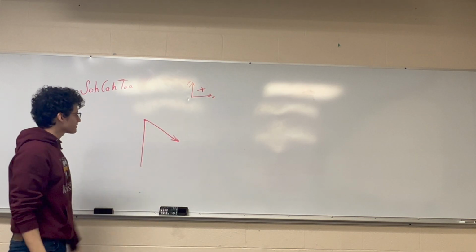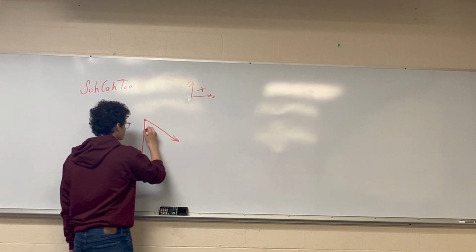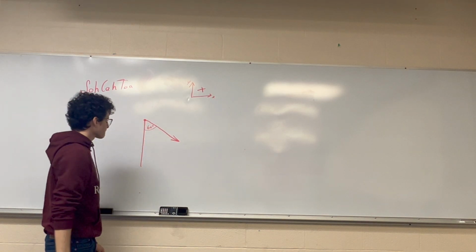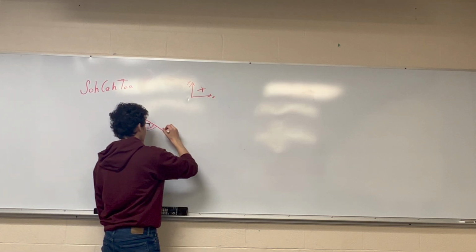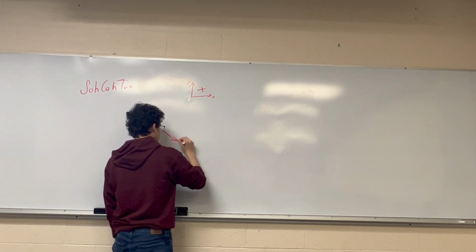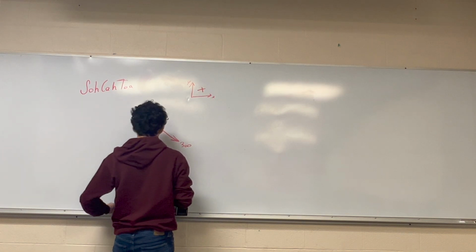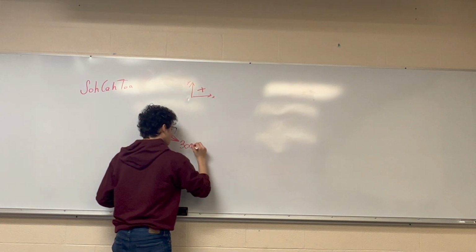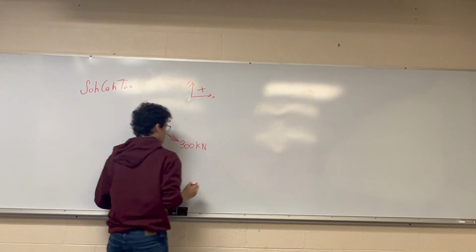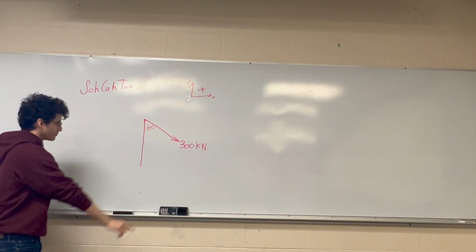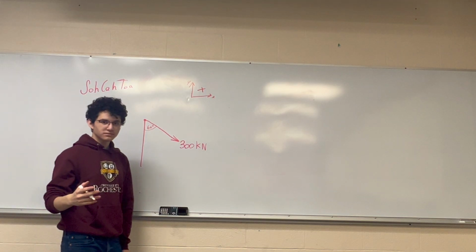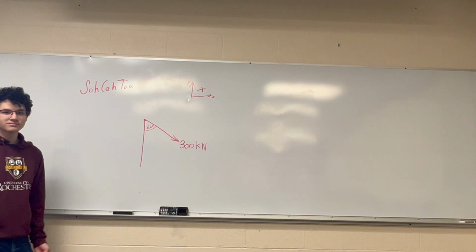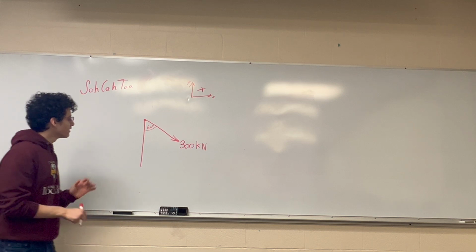Let's say that this force is acting at a 60-degree angle, and that this force is a 300 kilonewton force. Decompose this force into its x and y components. If you'd like to take a try at this, go for it. If not, we'll just learn through it together.